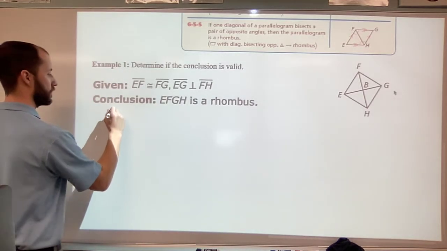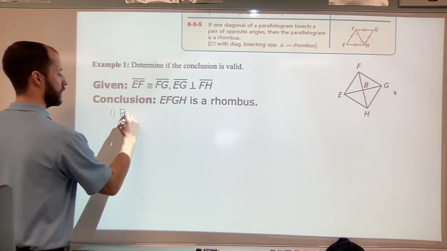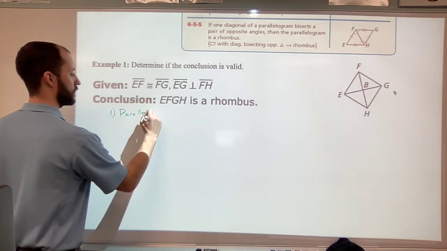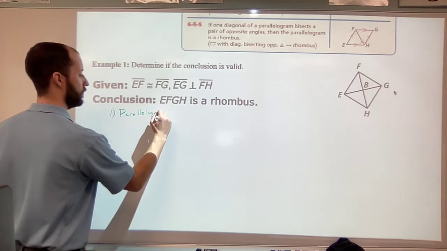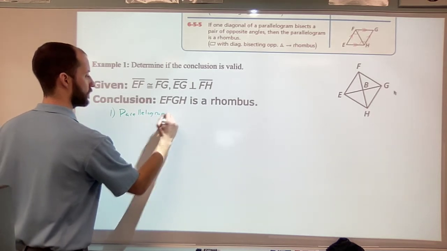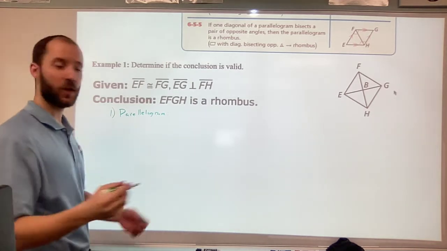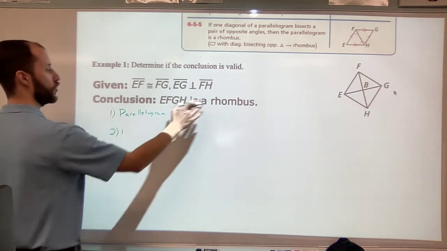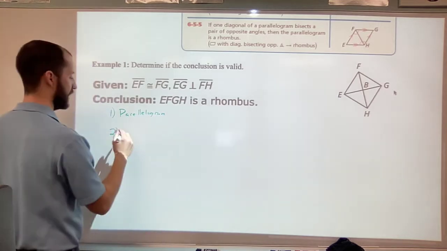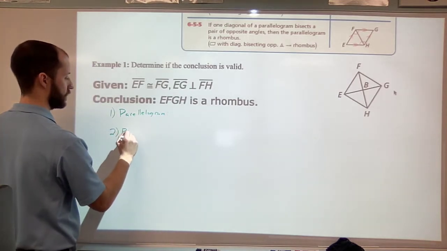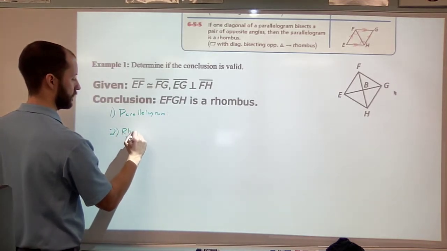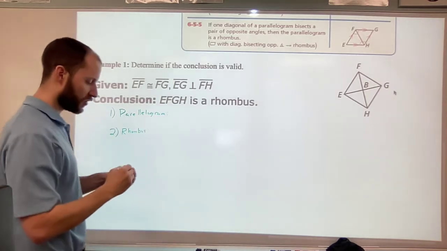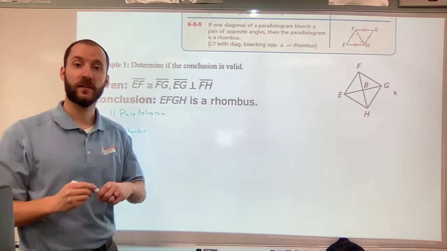So what do you want to look at first? Is it a parallelogram? And then, if so, you can go to the conclusion. Is it a rhombus? These are like little puzzles.